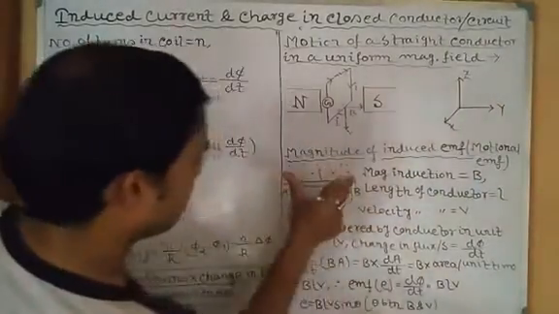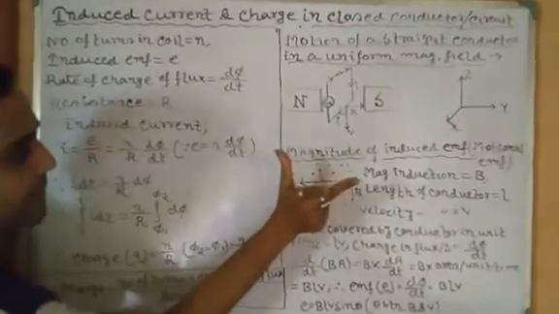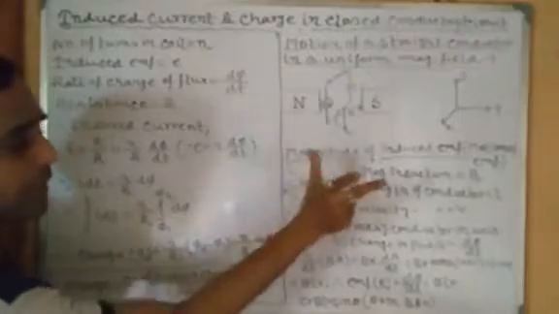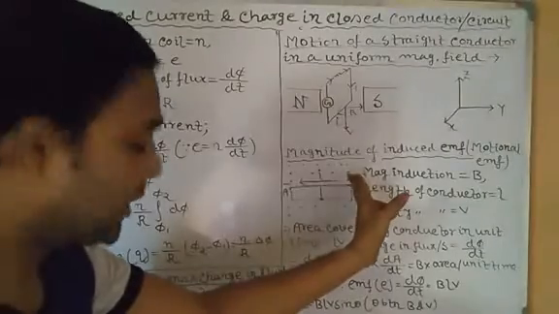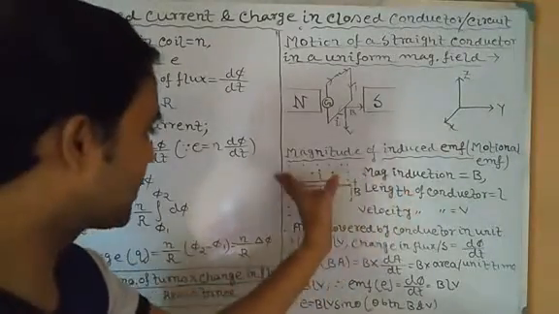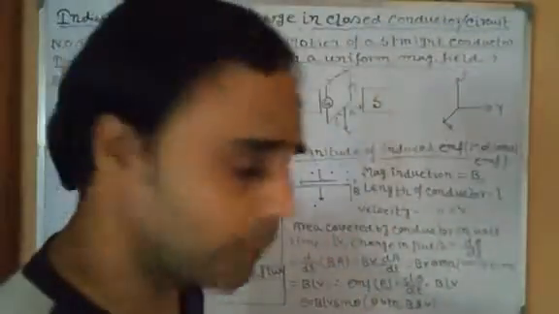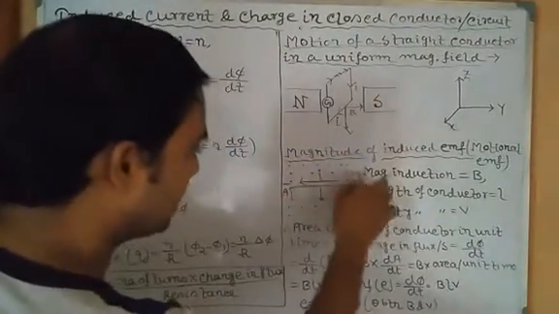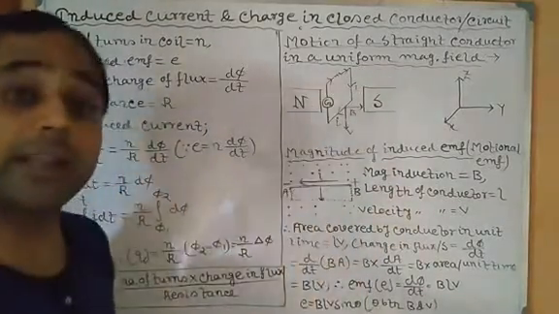If the conductor is moved in the upward direction like this, then the direction of the induced current will be towards the right side. Since the direction of the induced current is in this direction, and we all know that current always flows from higher potential to lower potential, the B terminal will be at positive potential and the A terminal at negative potential.